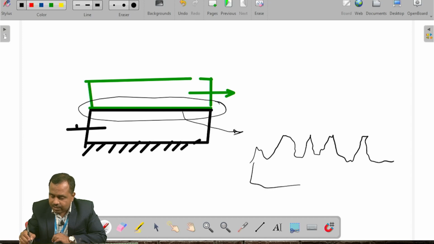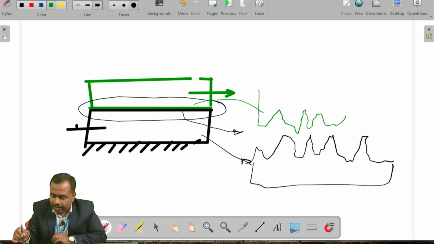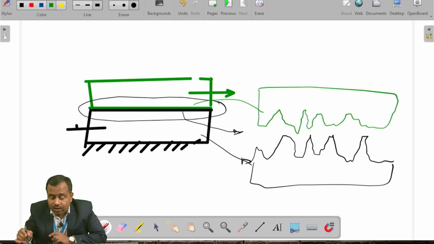For the other surface too, there will be irregularities. So there will be interlocking of these crests and valleys due to the irregularities present. This interlocking can be reduced by providing lubrication.